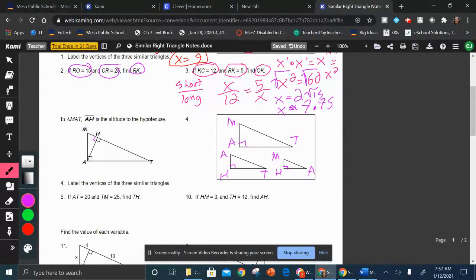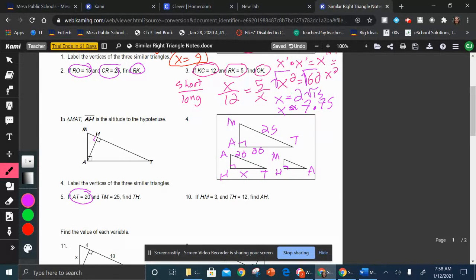This one says if AT is 20 and TM is 25, find TH. So AT is 20, that means it's 20 for both of these. So it's also 20 here.